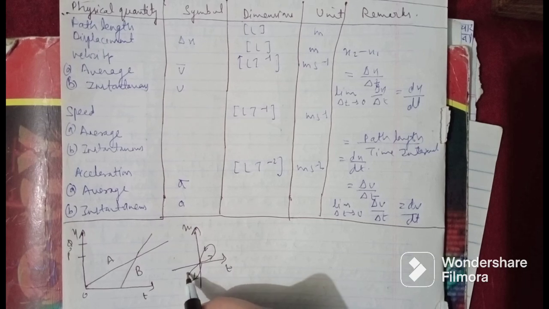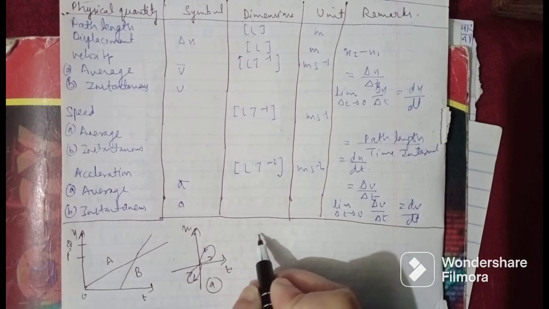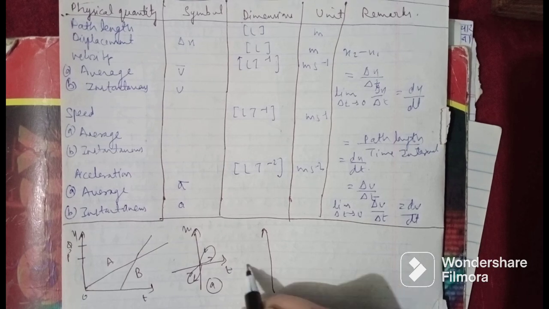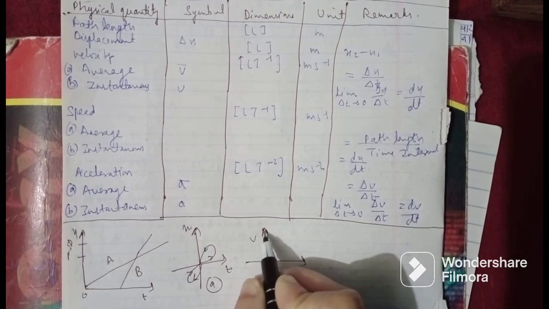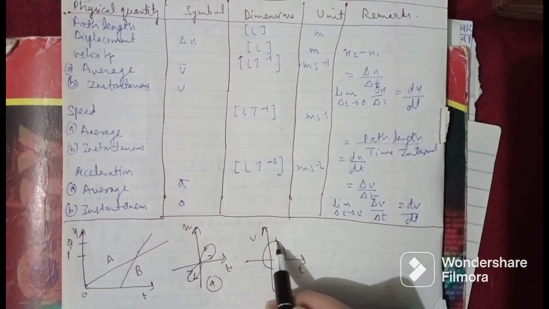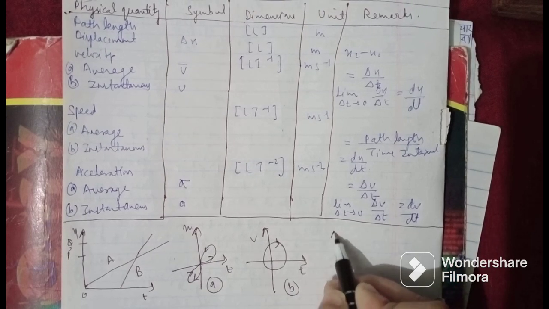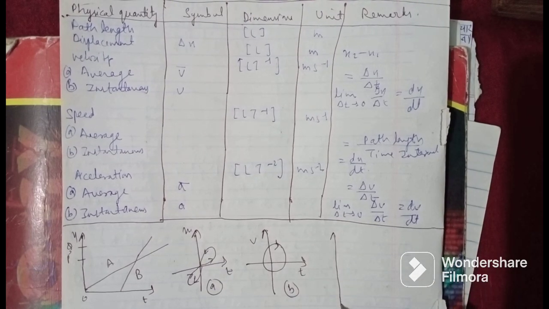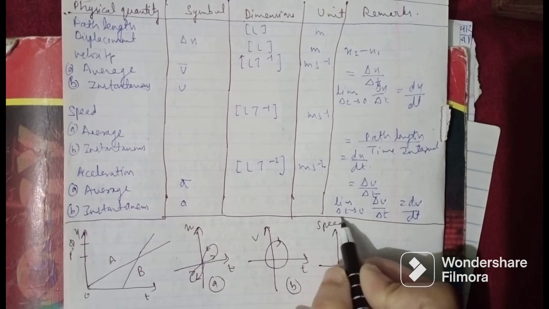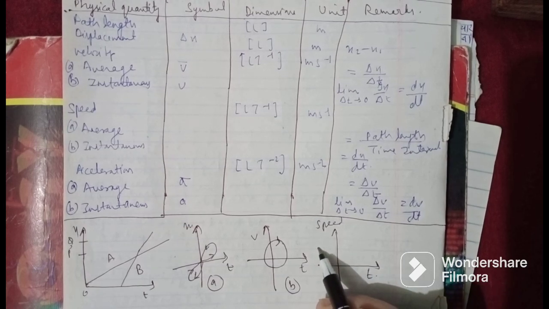Another one is v with respect to t, this is B. For C, speed with respect to time.